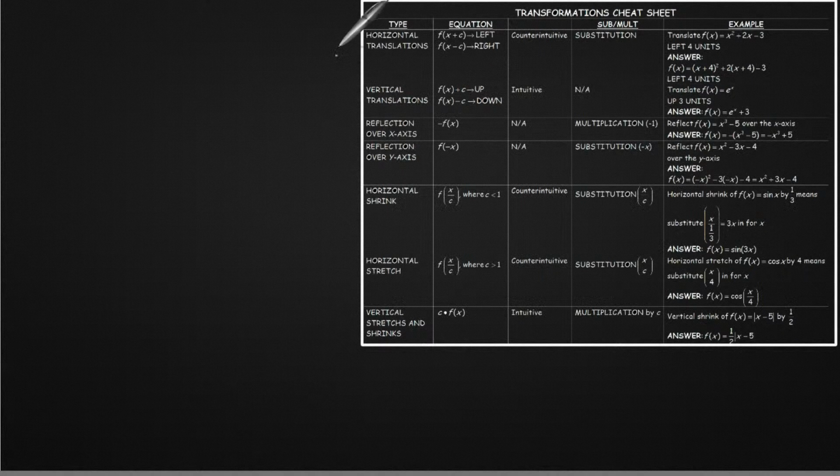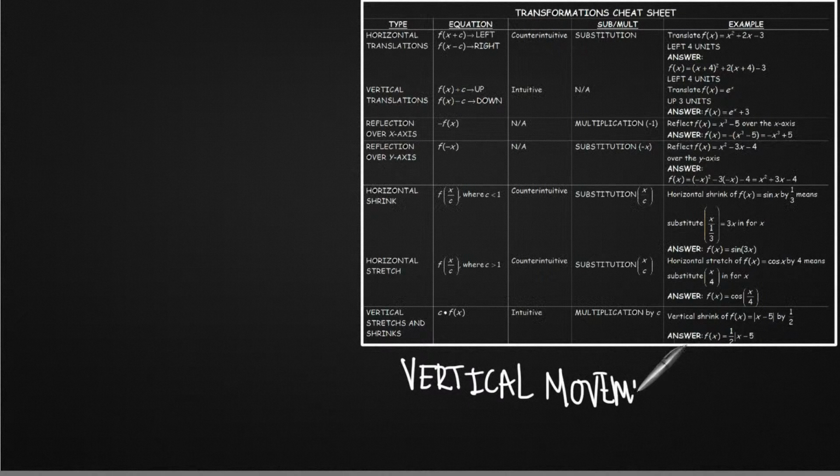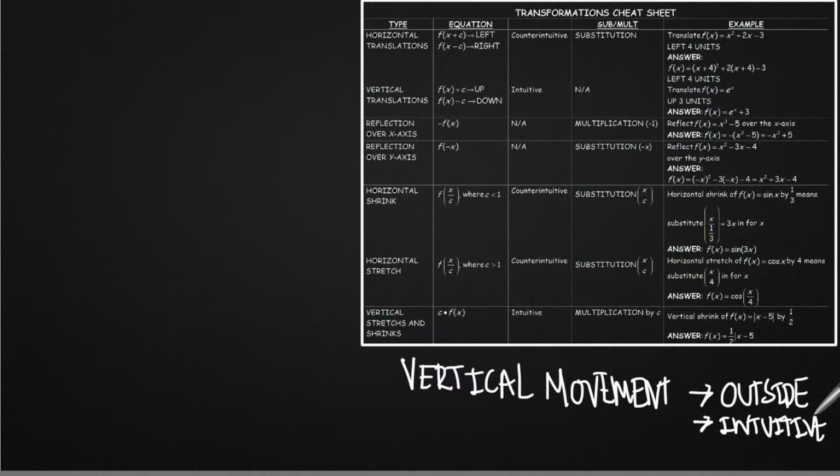So there's a couple things that I want you to pay attention to, and I'll put this underneath the cheat sheet. All vertical movement is going to be outside of the function. And it's going to be intuitive, meaning it is going to be what you think it is.